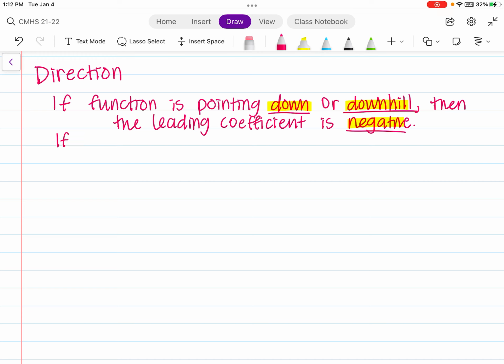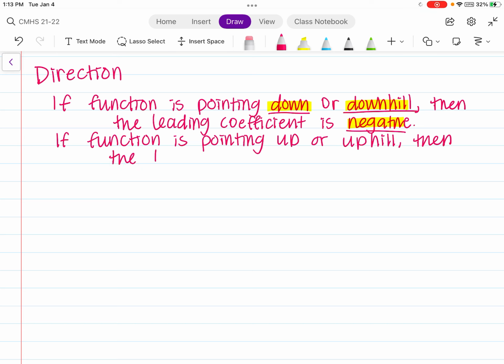So if the function is pointing up or uphill, then the leading coefficient is positive. Smiley face.